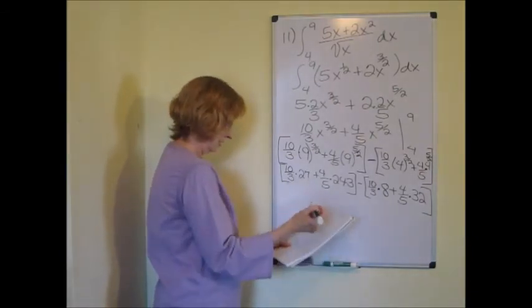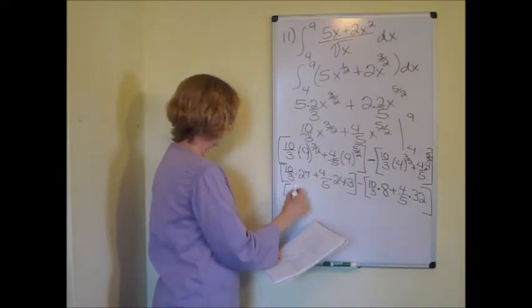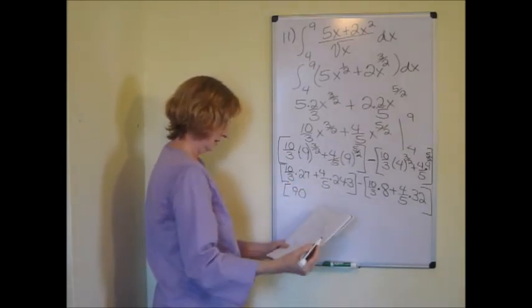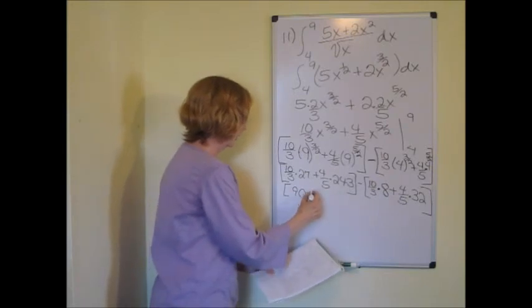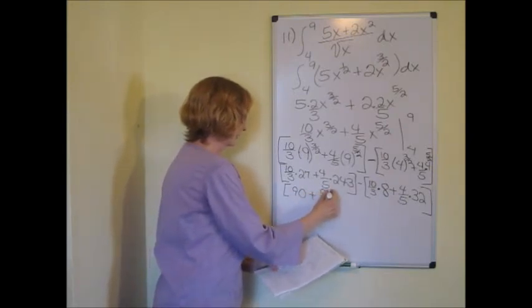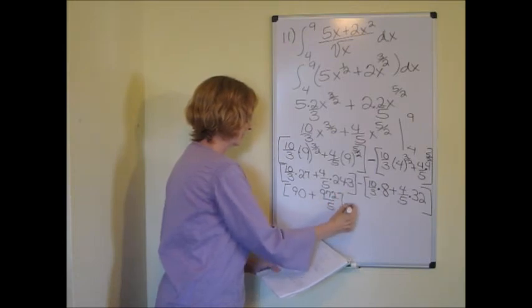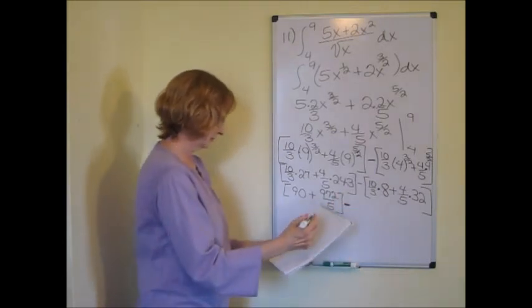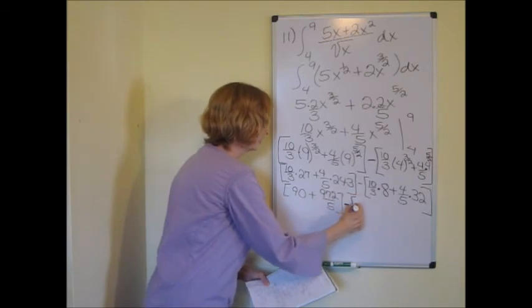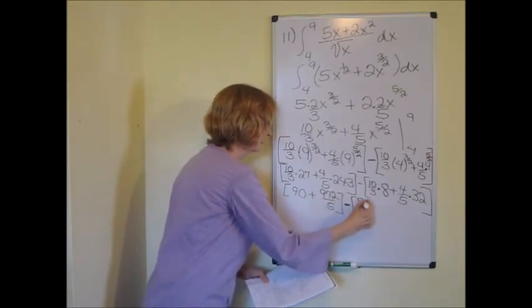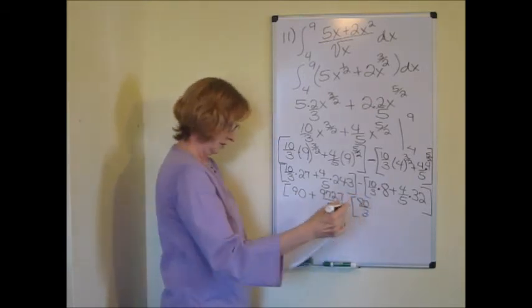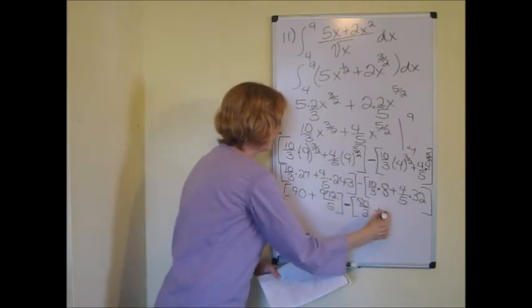I'm getting here 90 plus 972 over 5 minus 80 over 3 plus 128 over 5.